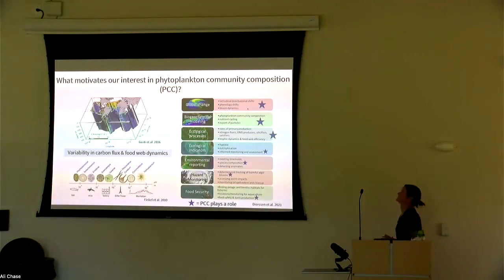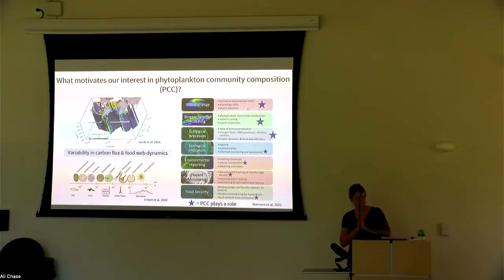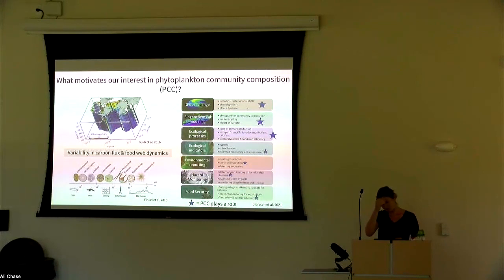Okay, what motivates our interest in PCC? I'm sure you've come across some of these aspects of oceanography when you're thinking about PCC. And I'll come to how we define it in a minute, but really it refers to the size and the taxonomic composition of the phytoplankton, which both influence a variety of factors in the ecosystem on all different scales.